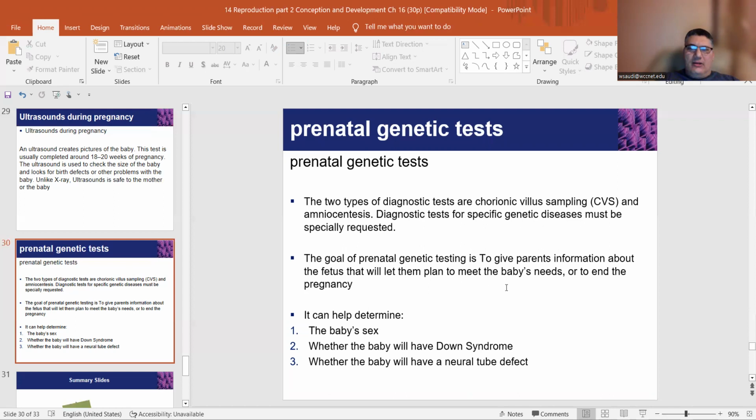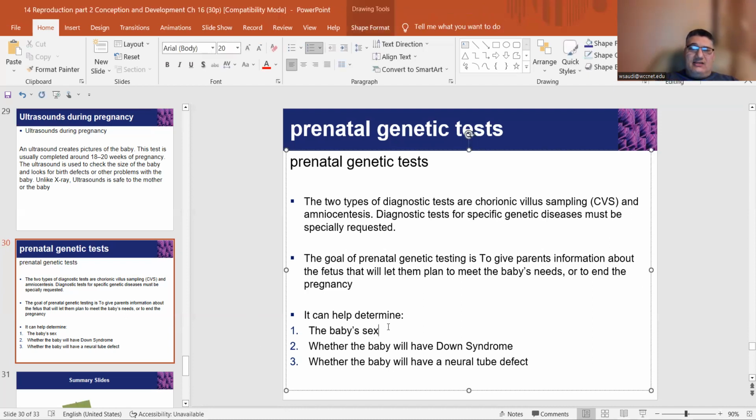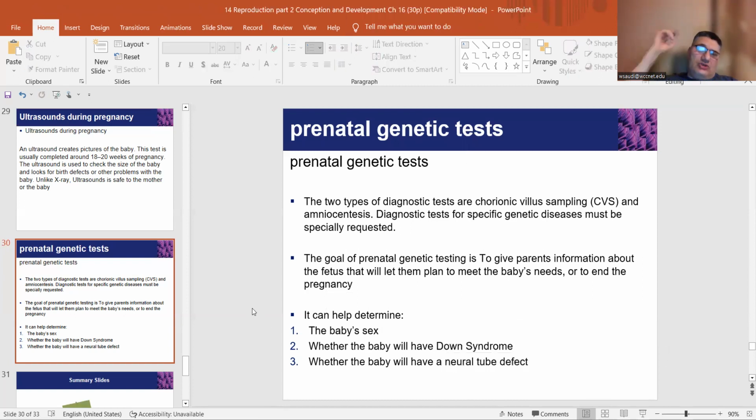I'm not going to discuss any details related to anything other than physiology and anatomy. From that genetic analysis, they can know the sex of the baby. They can see if the baby is having something like Down syndrome or a neural tube defect. Neural tube is the vertebral column that contains the spinal cord.